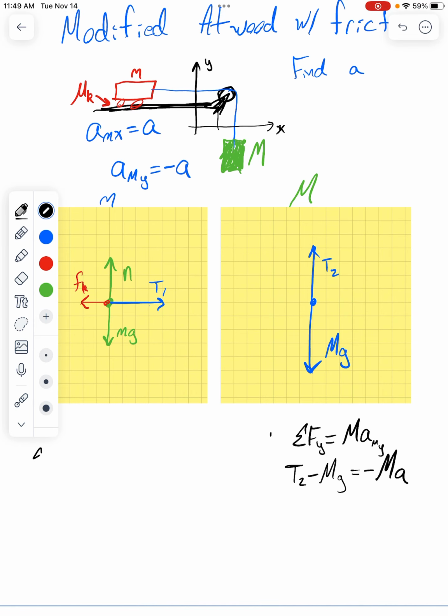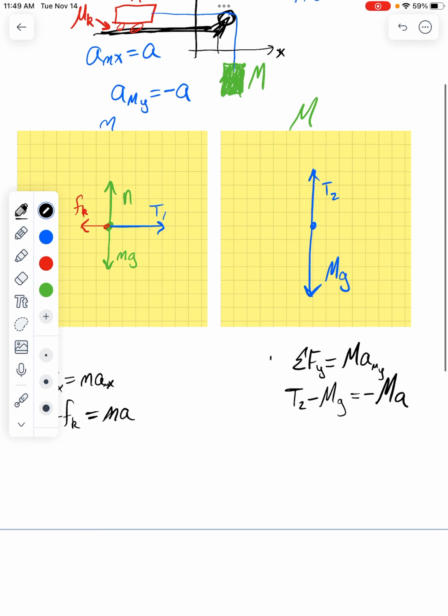In the x direction over here, we have the sum of the forces in the x direction is equal to little m a x, and so we have tension 1 pointing to the right, we have kinetic friction pointing to the left, and that's going to be equal to ma.